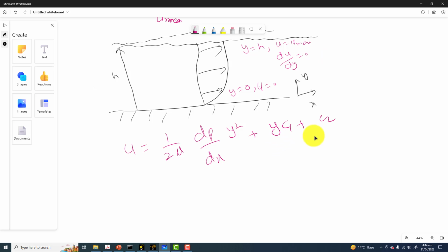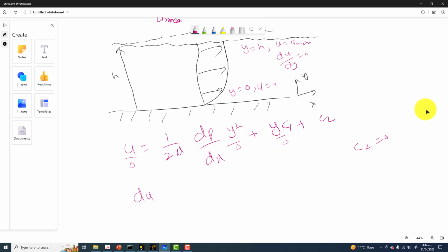So definitely they are going to be different. First of all, if I apply the first boundary condition, that u is equal to 0 at y is equal to 0, this term is 0, this term is 0, and this term is 0. So c2 is equal to 0.